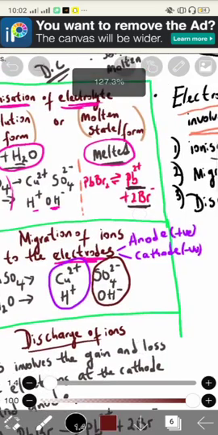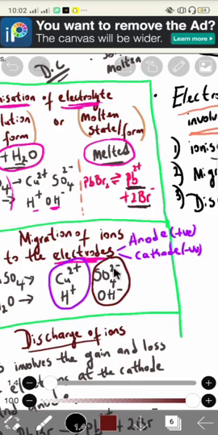So if they want to migrate to their electrode, the ones that are positive would like to go to the ones that are negative, which is the negative electrode. The positive ions want to be moving towards the negative electrode, while the negative ions want to move to the what? Positive electrode, which is the anode.